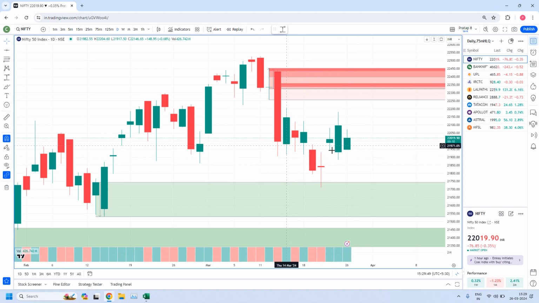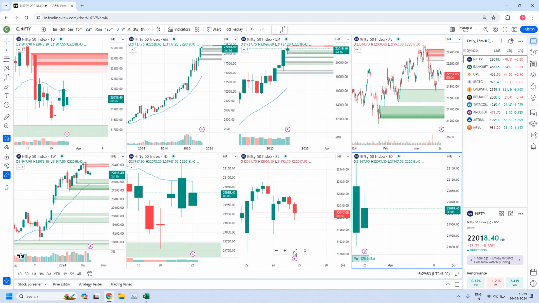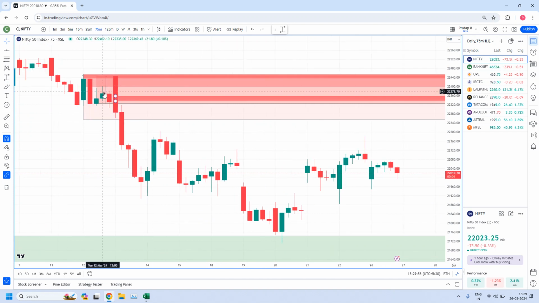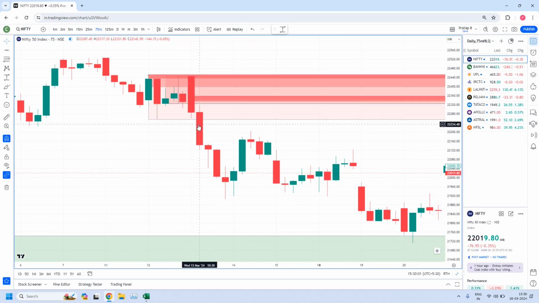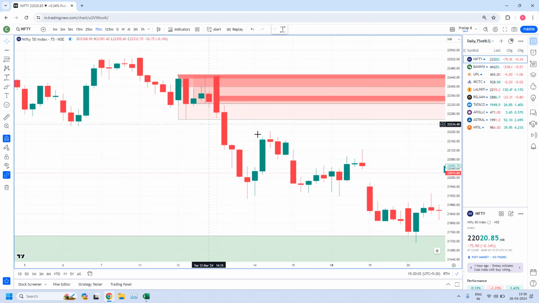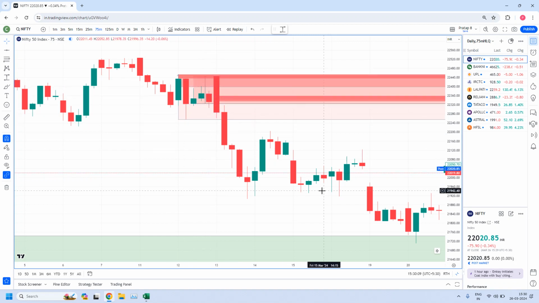But how do we fine tune this daily high liquidity zone in 75 minutes? We have identified a drop, base, drop, and follow through candle. This is the 75 minute zone. This is a drop candle, 3 base candles, and again a drop candle. And within this 75 minutes, again we fine tuned with the 15 minute time frame.